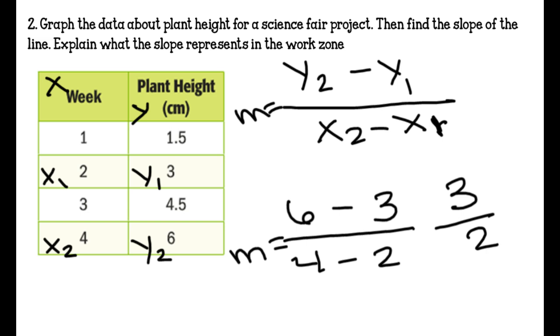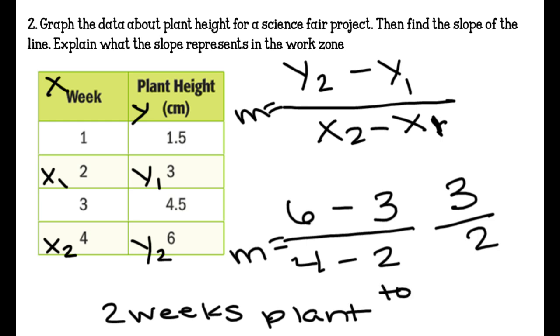Now I need to explain, so that means that every time the plant grows 3 centimeters, it has been 2 weeks. So it takes 2 weeks for the plant to grow 3 centimeters.